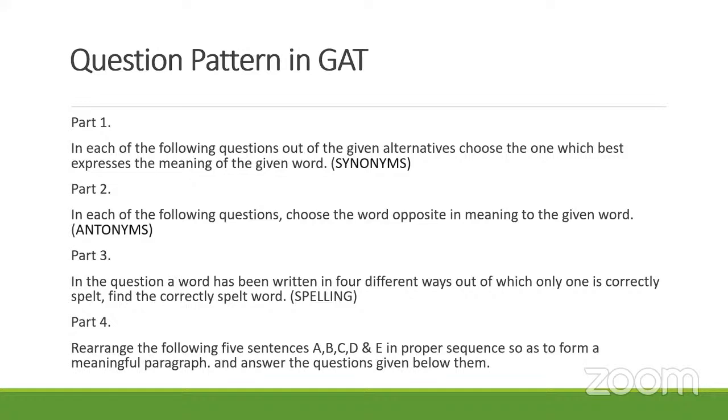So these are where you will have to arrange the different sentences in proper sequence to make a meaningful passage out of the sentences which you are given. So this is also something where you can use context as well as basic grammar, where you can match sentences using grammar or context that is given.